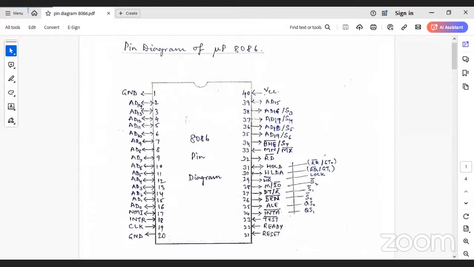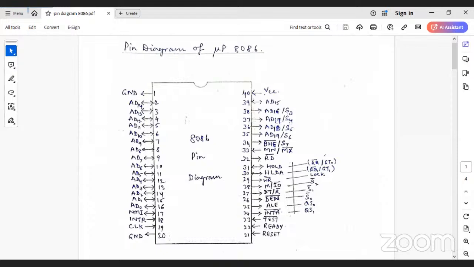So now coming to those signals which are with your Mn/Mx bar. So you can see in the pin diagram, you are having hold, hold acknowledge, then write bar.